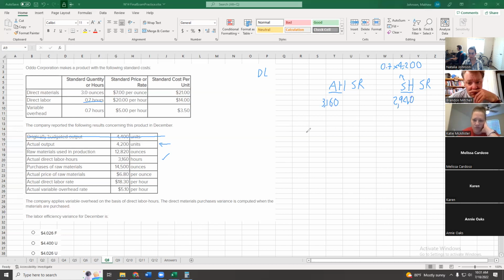And then the standard rate. So standard price. The standard rate is $20 per hour. Yeah, so we're just looking at direct labor.